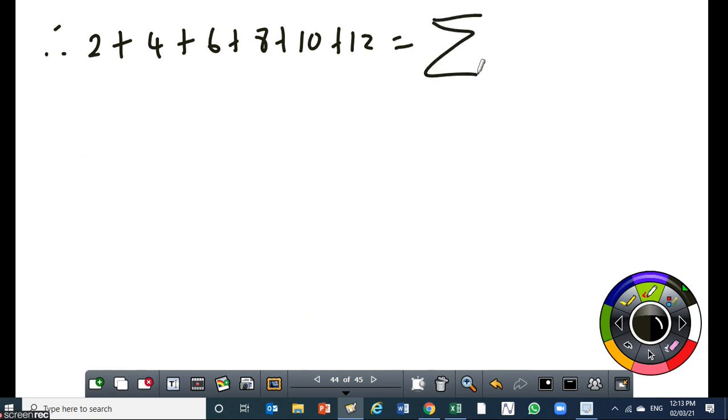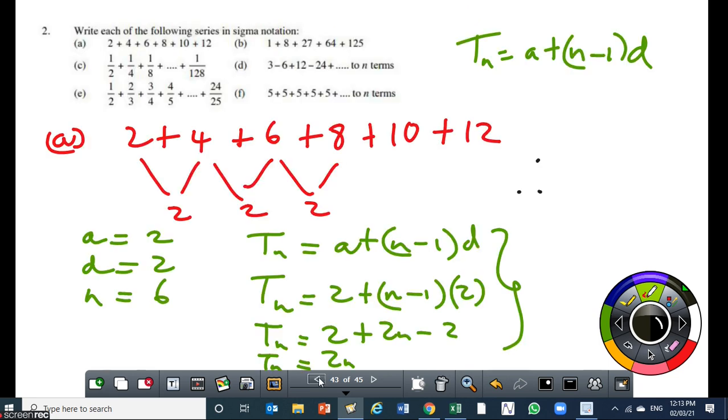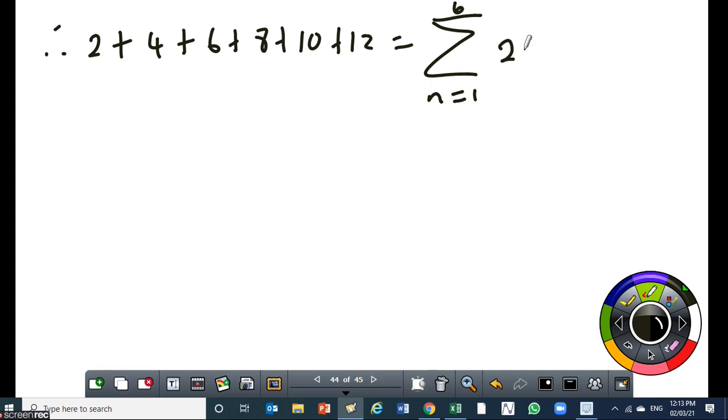We are starting from n equal to 1, sigma from n equal to 1 up to n equal to 6. Well, there are 6 terms. What's the general term? The general term is 2n. So I'll put 2n there. The left-hand side is called the expansion. The right-hand side is the sigma notation of that series.